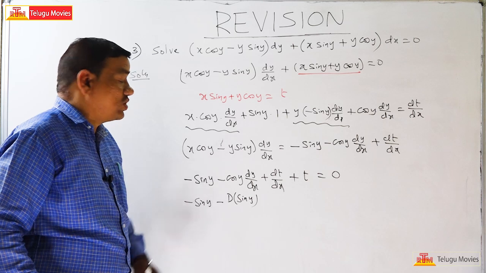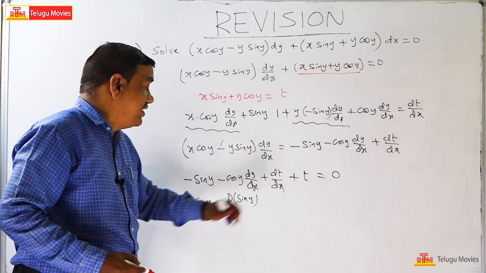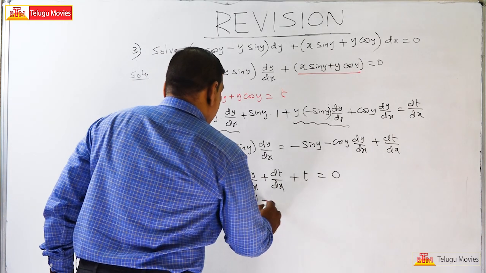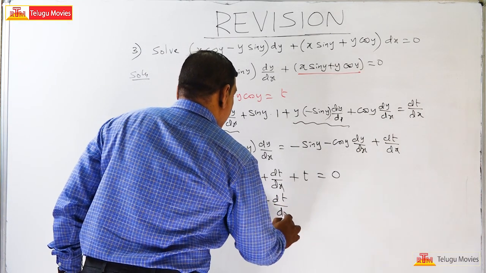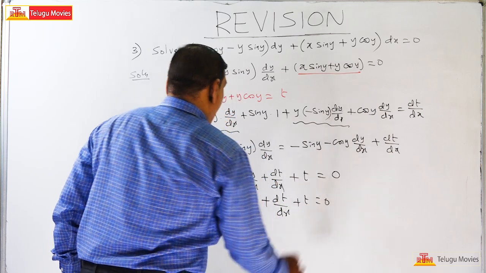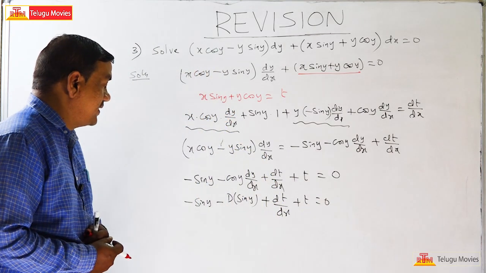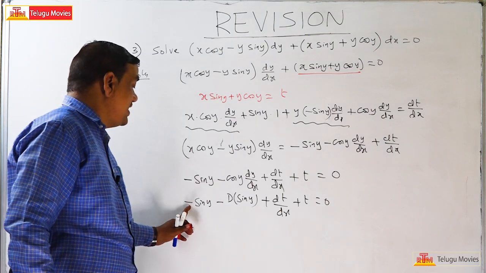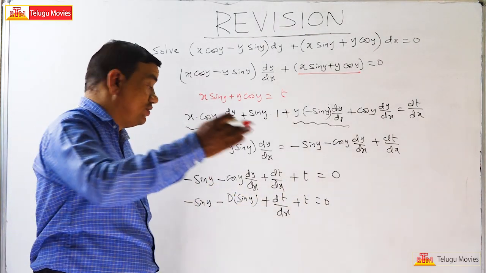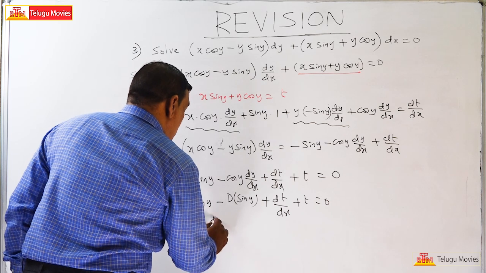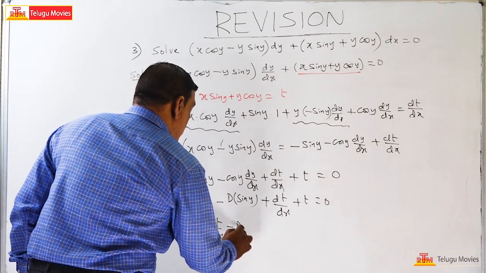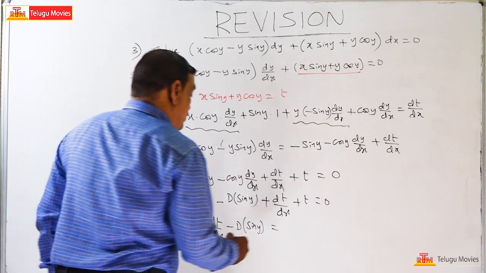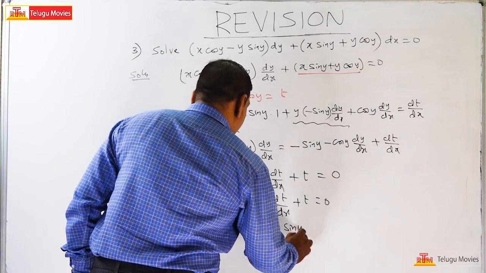Derivative of sin y is cos y, again into dy by dx, d of sin y I can write down, plus dt by dx plus t is equal to 0. Now let us adjust this: minus sin y plus t to that side. So this is dt by dx minus derivative of sin y, moved to that side.